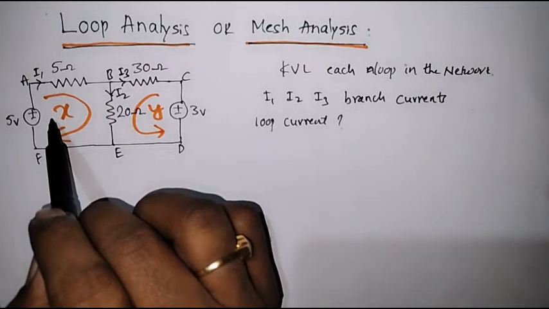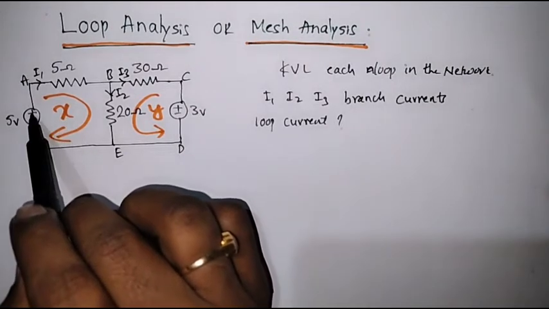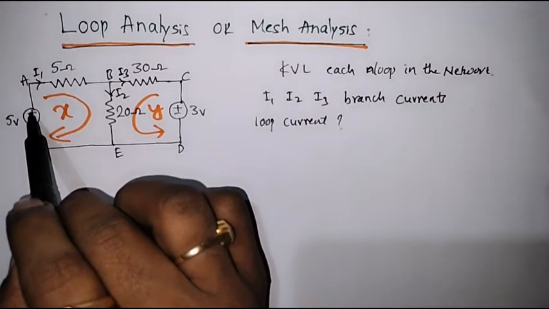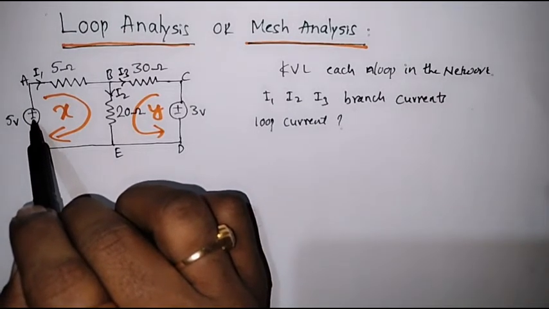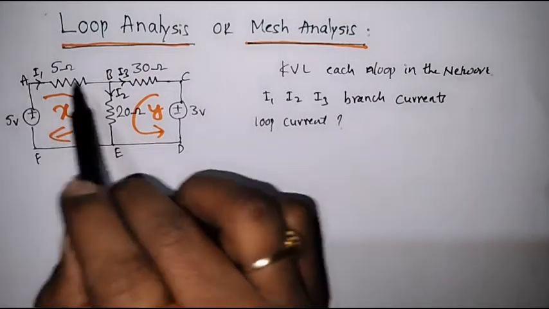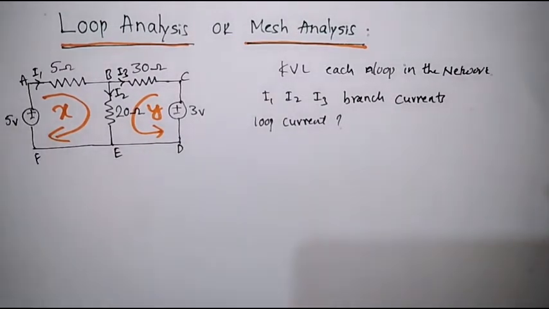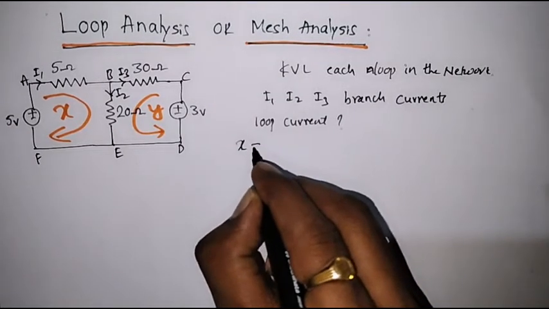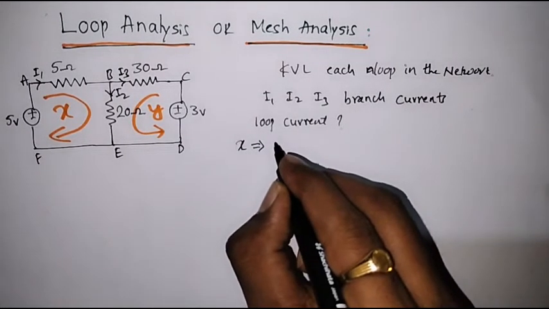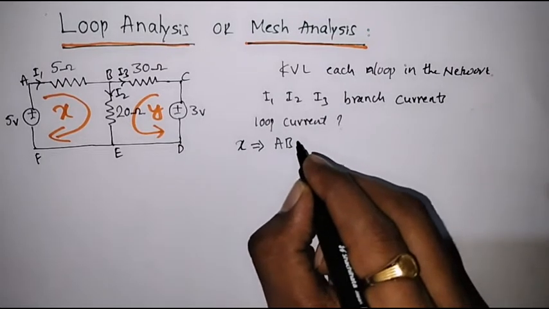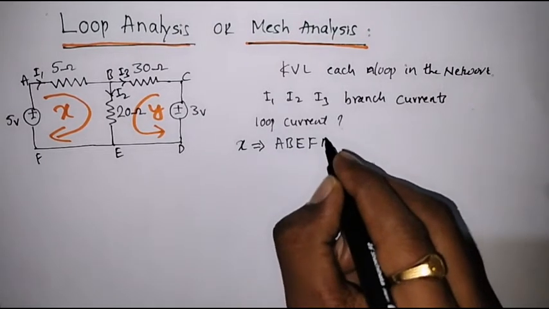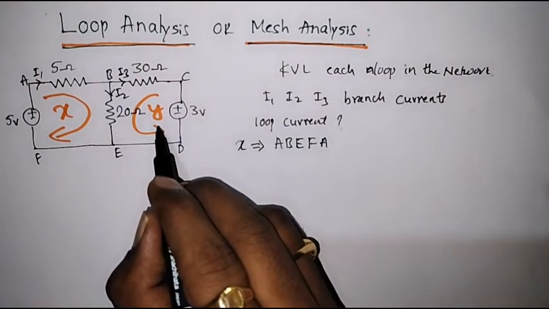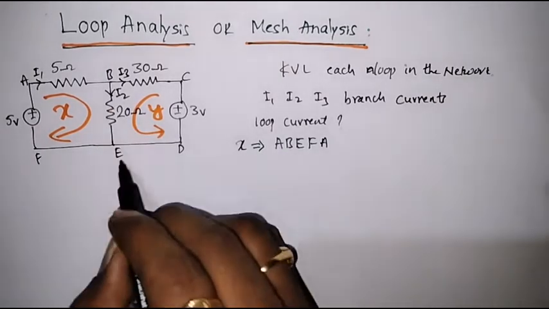So we'll assume that the current X is flowing from positive terminal to negative terminal. That is, the positive terminal is here, here is the negative terminal. It means the current is flowing from A, B, E, F, A. So X is the loop current which flows through loop A, B, E, F and A. Similarly, Y is the loop current which flows through C, B, E, D, C.